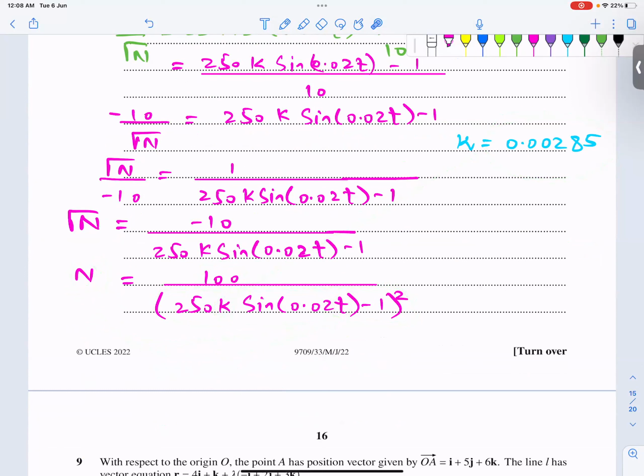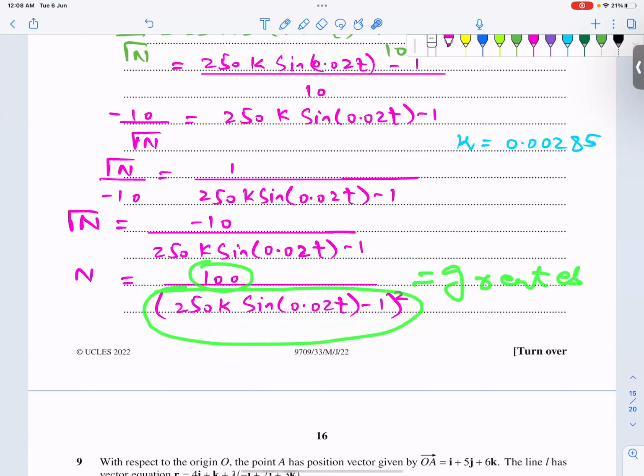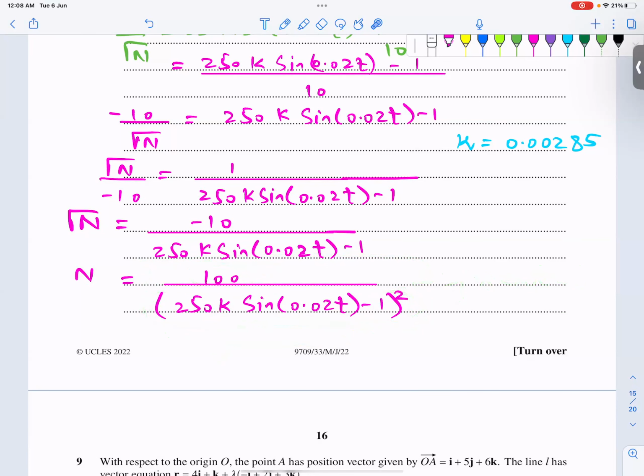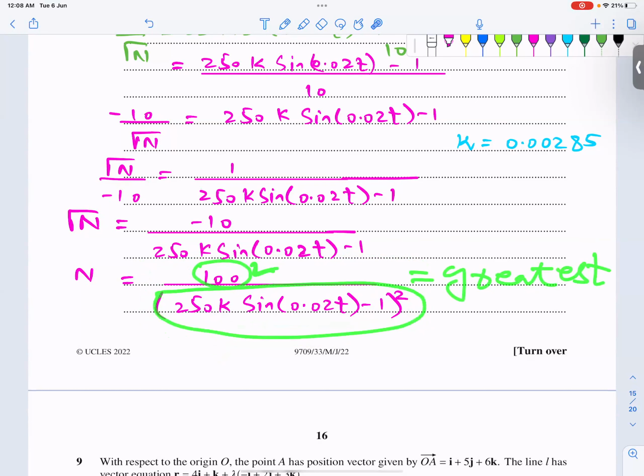Now this whole thing will be greatest if this denominator will be smallest. When you divide something by the smallest thing, you will get the greatest answer. As the numerator was constant, to get the greatest answer, you will divide the 100 with the smallest thing. Okay.